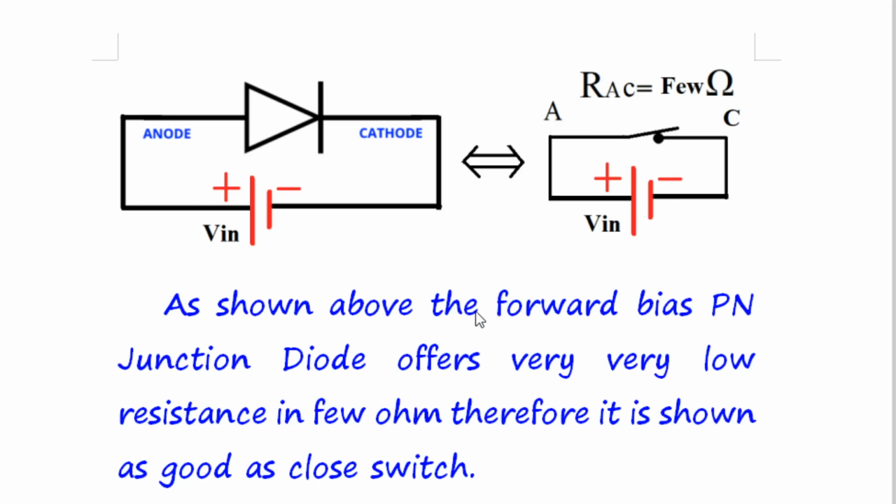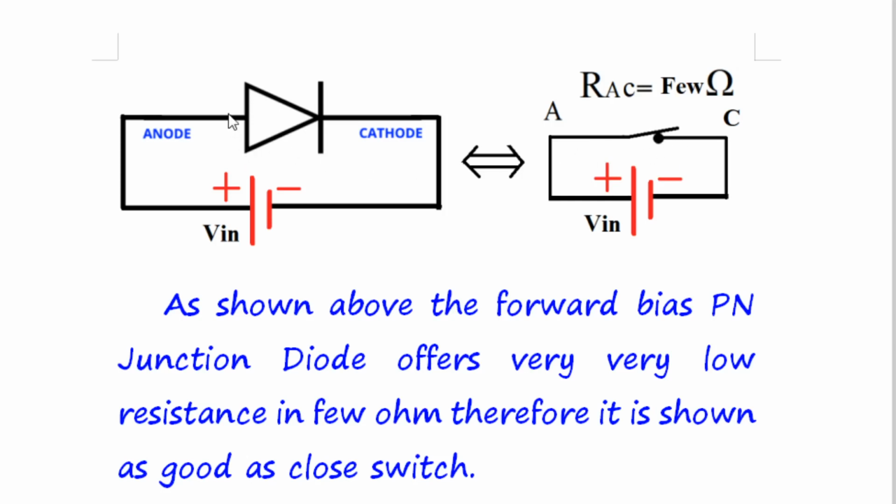As shown above, the forward bias PN junction diode offers very low resistance, in few ohm. Therefore, it is shown as good as a closed switch, though not a perfect closed switch. But most of the time in electronics, when you use the diode in forward bias and apply a voltage greater than 0.7 volt, it starts conducting, behaving as a closed switch device.